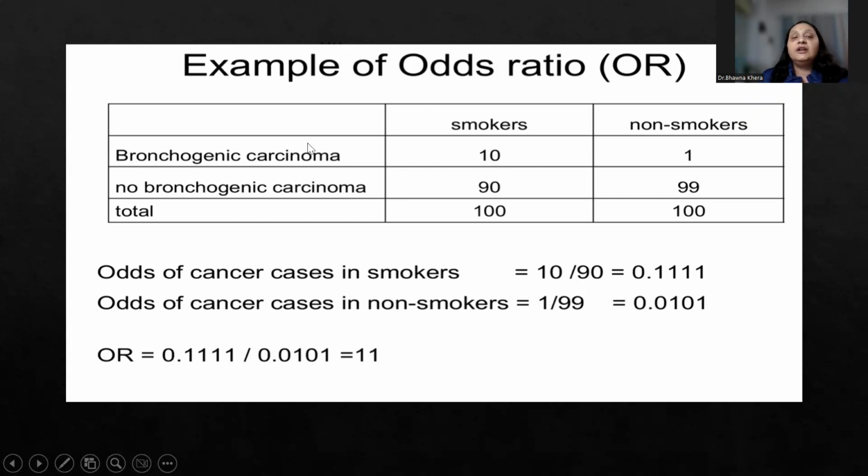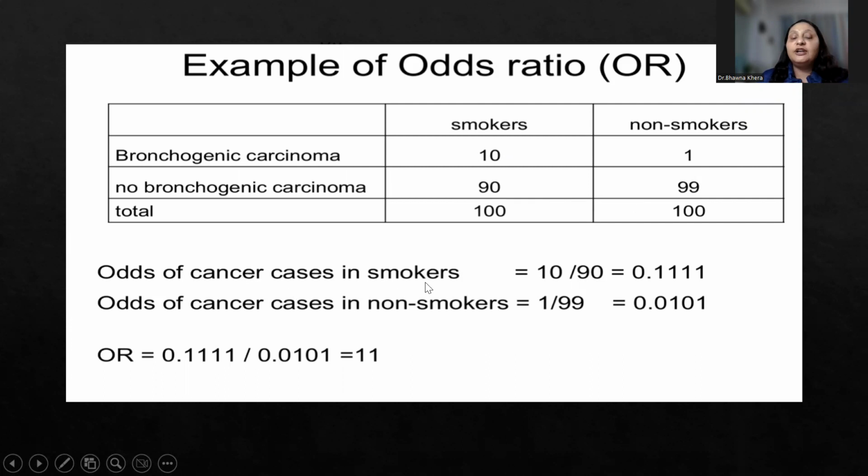We took 11 people in the bronchogenic carcinoma group, out of which 10 were smokers and 1 was a non-smoker. And we took around 189 people in the non-bronchogenic carcinoma group, that is normal people who did not have lung cancer, and asked them. 90 were smokers and 99 were non-smokers. So this is how the sample was.